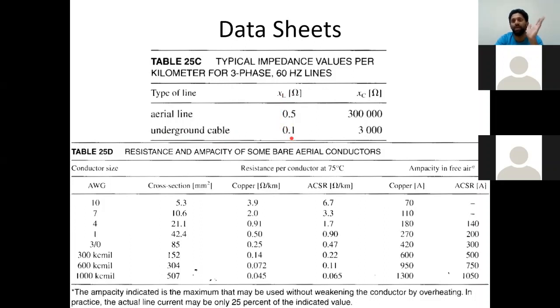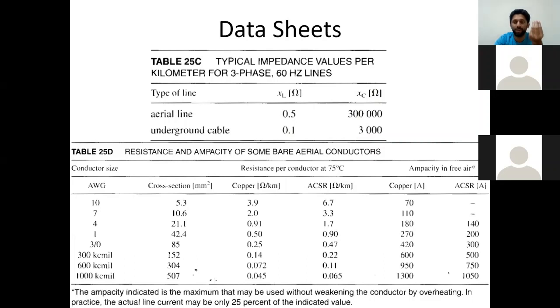This is the standard value which we use, IEEE standard or ANSI standard. And for capacitive reactance, not capacitor, capacitive reactance for an overhead line is 300 kilo ohm, and for underground cable it is 3000 ohm. Capacitance will be more.